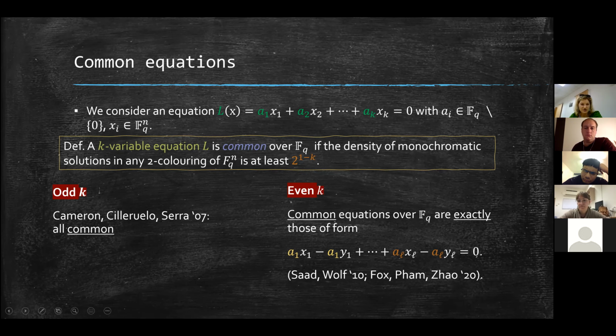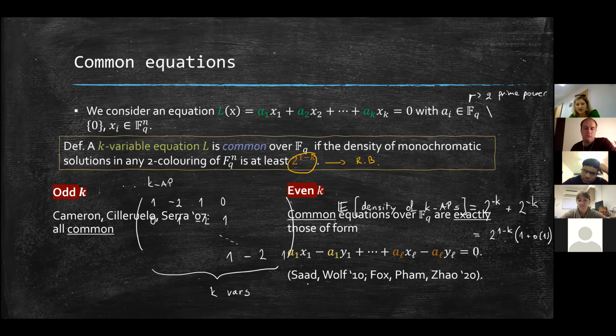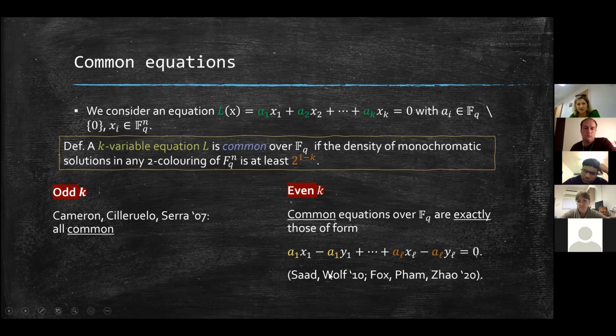And this theorem was shown, one direction was shown by Saad and Wolf. So Saad and Wolf showed that equations of this form are indeed common, and Pham and Zhao showed the converse. So they showed that for any equation that doesn't have this form, there are colorings with too few solutions, with fewer solutions than expected.